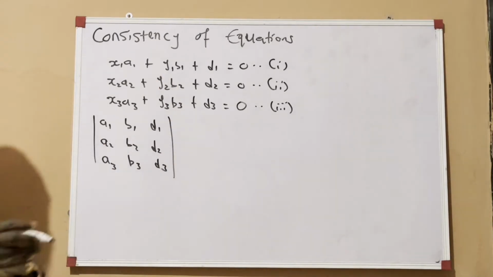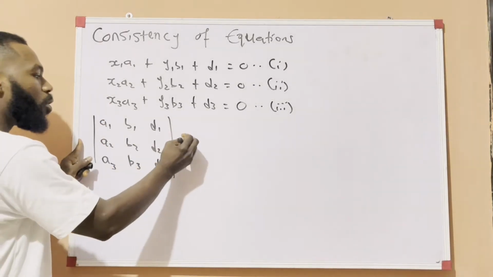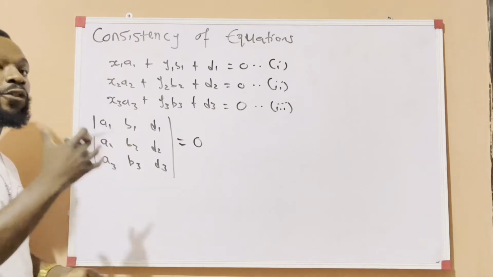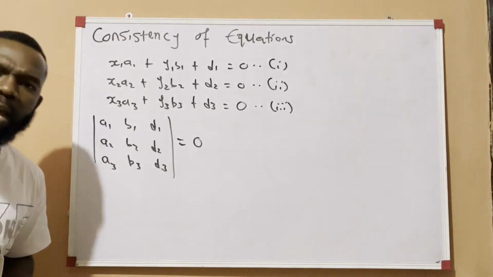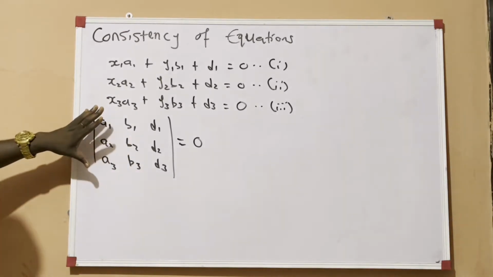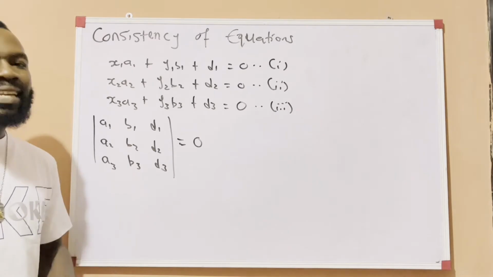Now for these equations to be consistent, it means the determinant must be equal to 0.